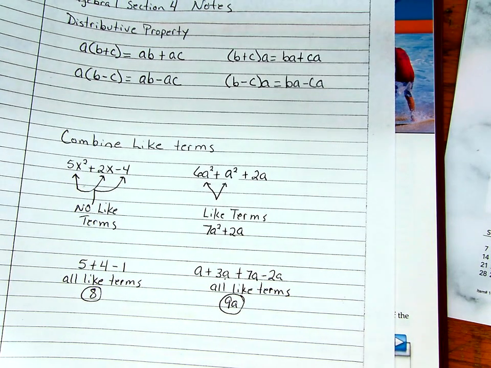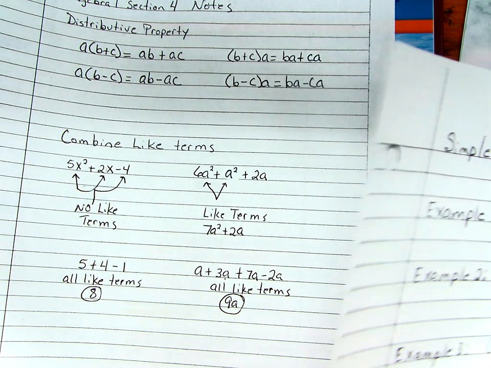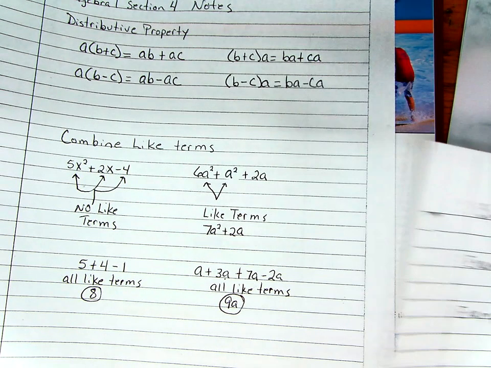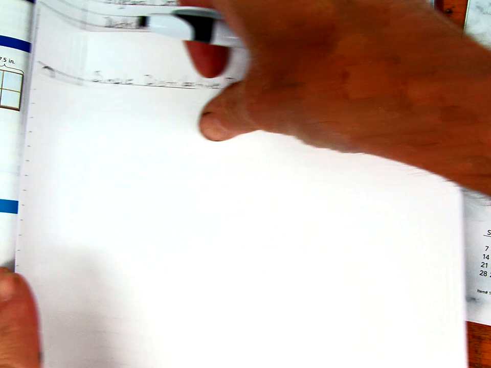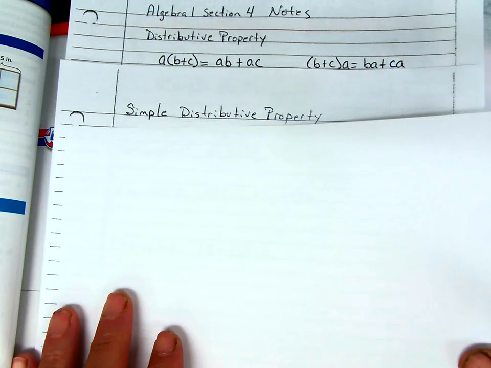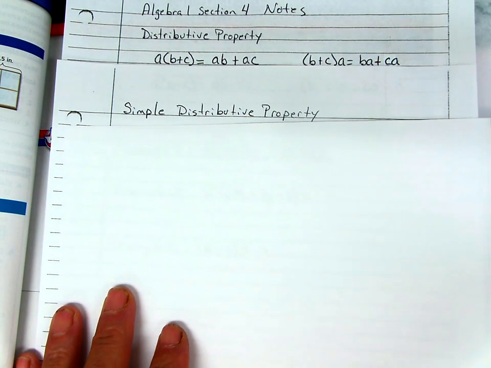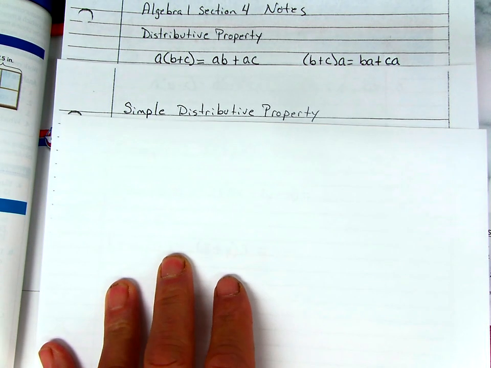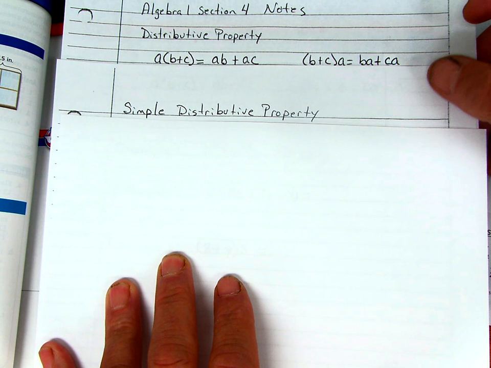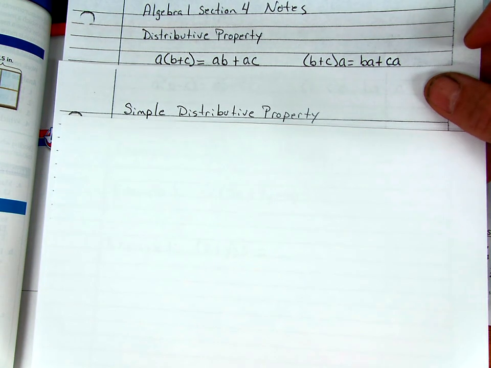All right, the distributive property. I'm going to show you what I call the simple distributive property, because we can make this as difficult as you can imagine, or we can follow a process and it can turn out to be pretty straightforward.